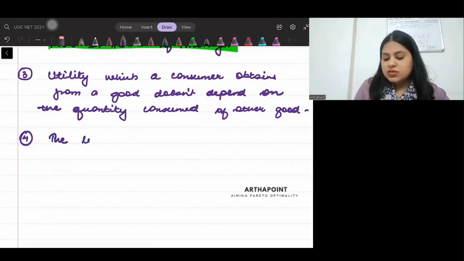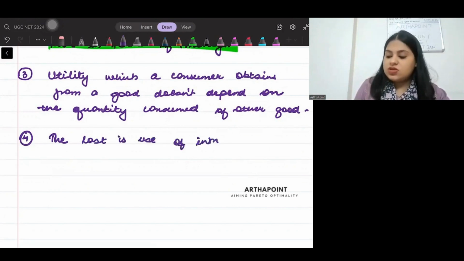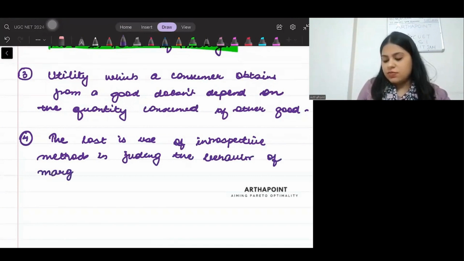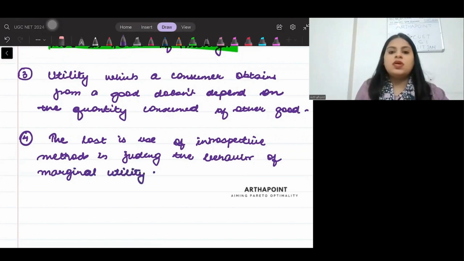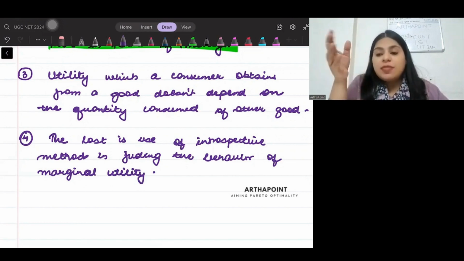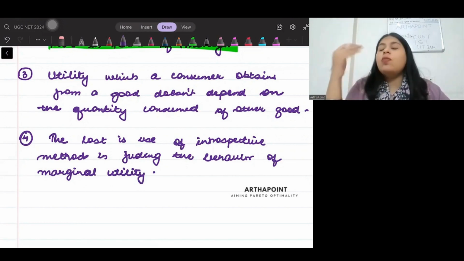The last is use of introspective methods in judging the behavior of marginal utility. Right? What is introspection? Beta, introspection means I should have the ability to introspect, to go back.